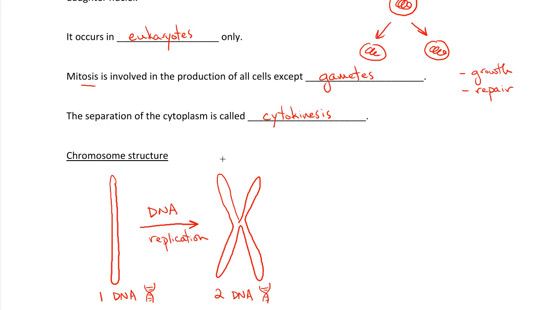And what you're seeing here are two sister chromatids. They are genetic copies of each other, and they are joined. This is one here, and this is one here. They are joined at the center here at the centromere. And again, the two sister chromatids have been formed in DNA replication from what was a one chromatid chromosome.